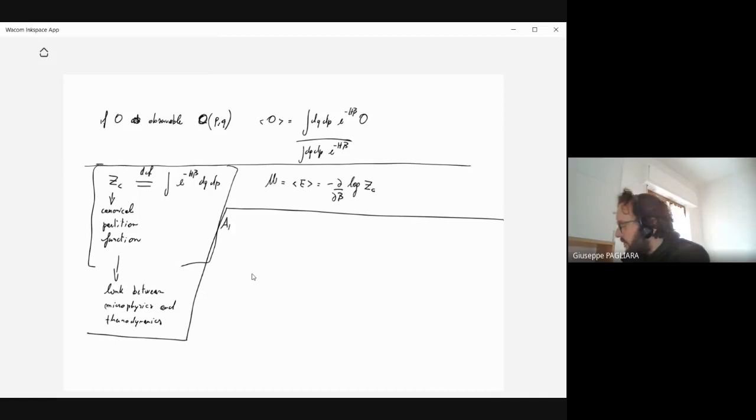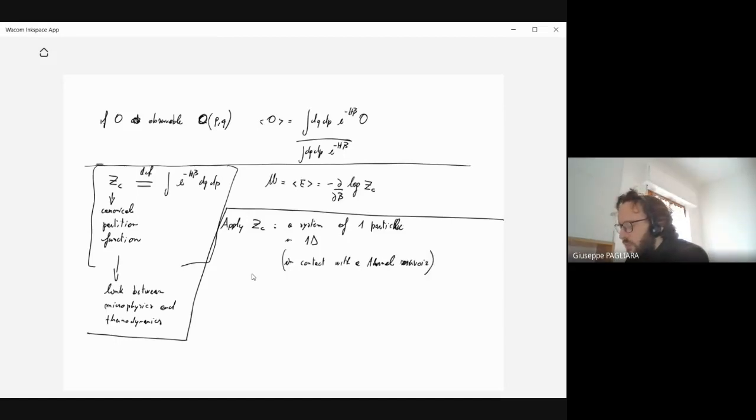Let's apply this partition function to the case of a system of just one particle in one dimension, which is of course in contact with a thermal reservoir, because this is the situation described by the canonical ensemble.